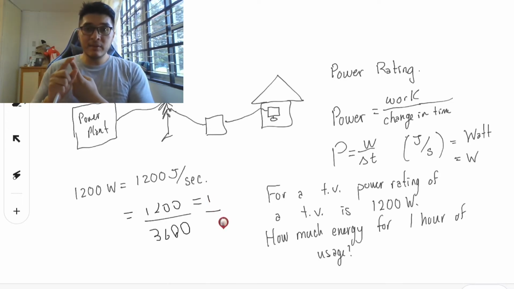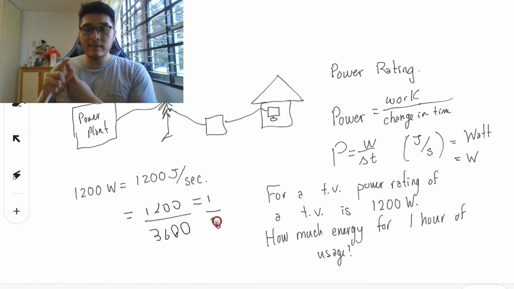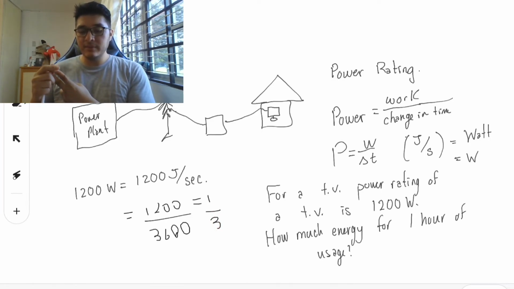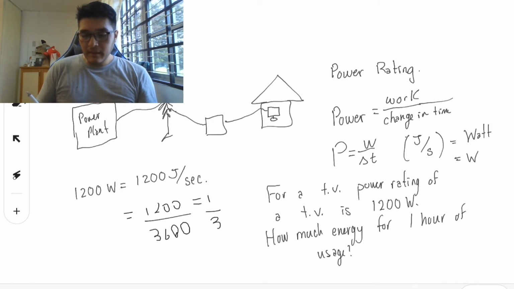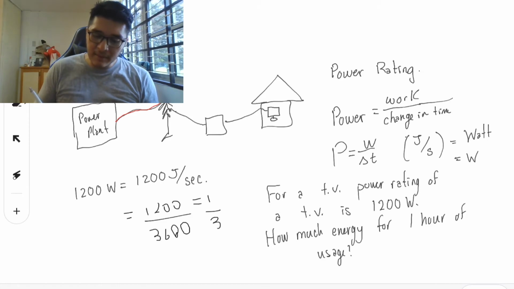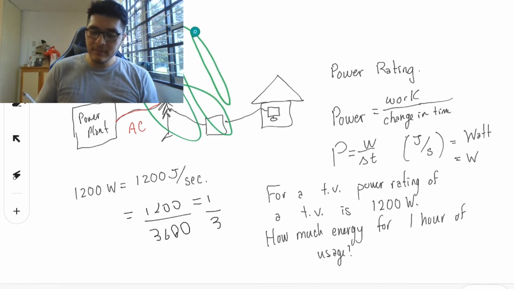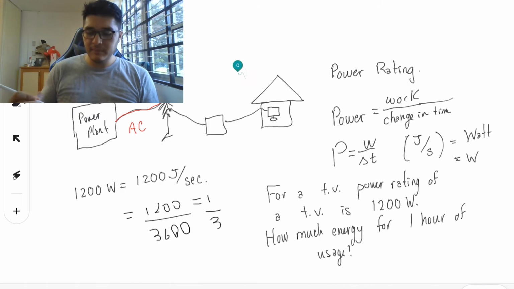So I can't answer your question yet because we need to look at the difference between DC and AC. So when I put the direction of current, I'm not 100% correct because this power system, I mean the power grid, is actually AC.